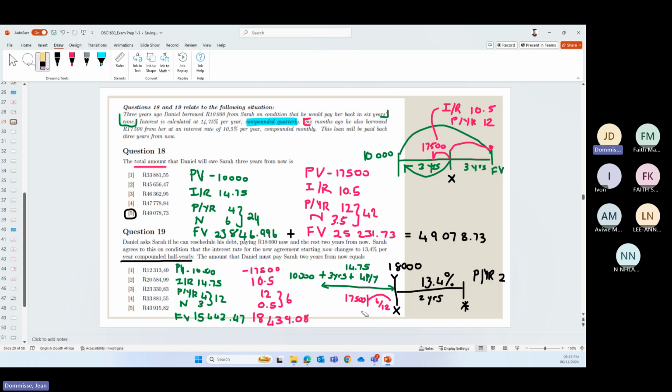Okay, so what we basically now did is to work out what the green is going to be now, what the pink is going to be now. So the value at point X now is the 18,439 plus the 15,442.